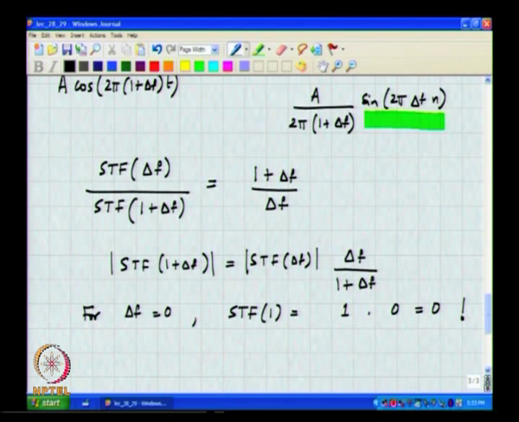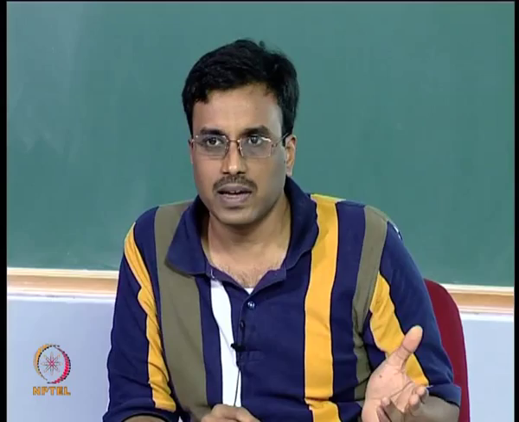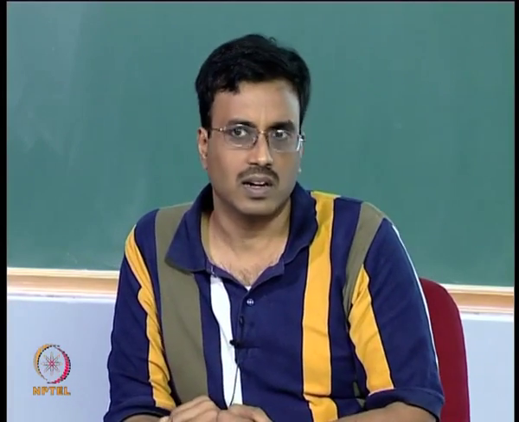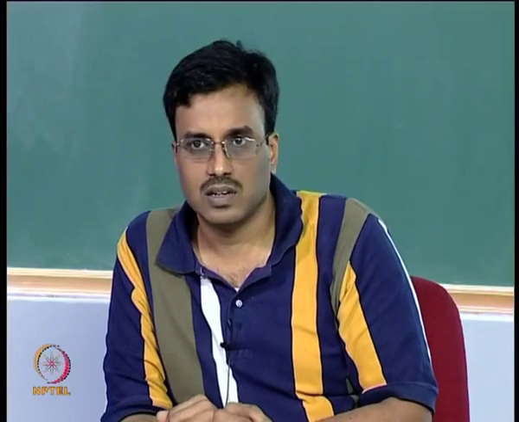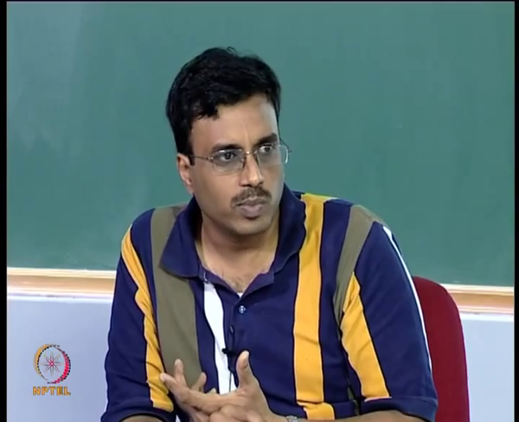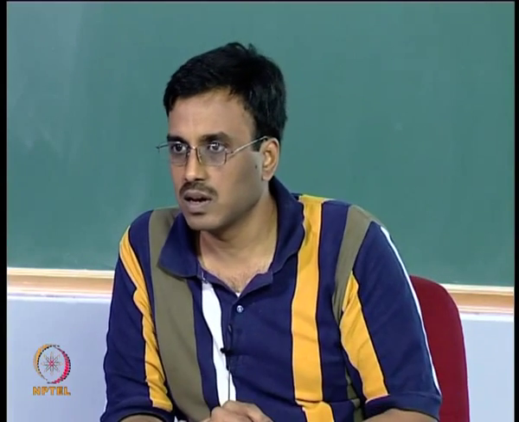So, we see that we now have the remarkable property that at multiples of the sampling rate, in this first order example, there are nulls in the STF, which is great news, because what does this mean?